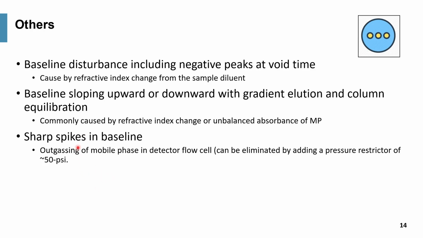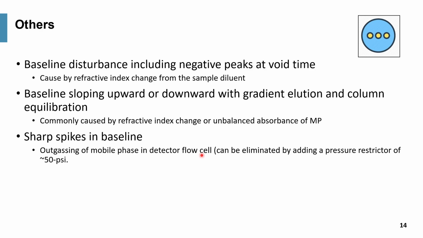Sharp spikes on the baseline are almost always likely caused by outgassing of the mobile phase in the detector flow cell. Often, when you do UHPLC with high flow rate and very high pressure, there's so much buildup of temperature, because the temperature at the end of the column is generally up to 20 degrees higher.